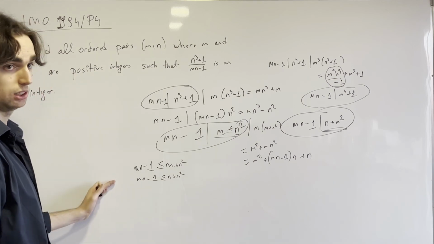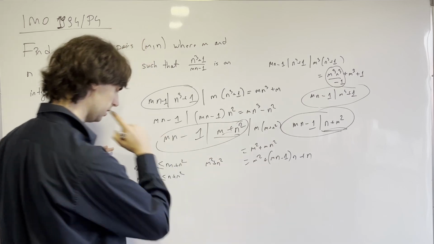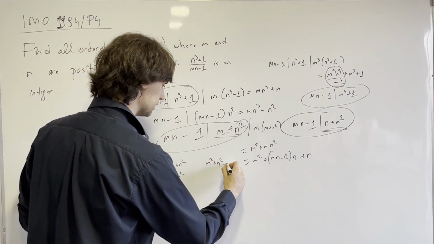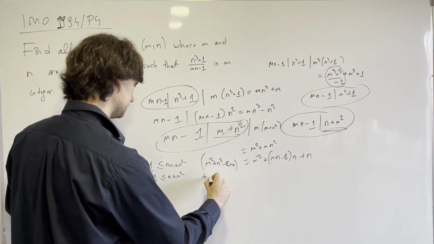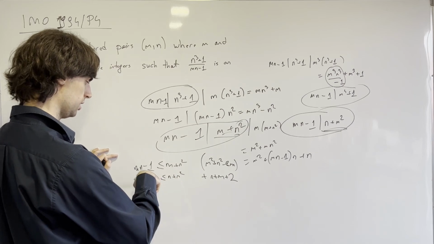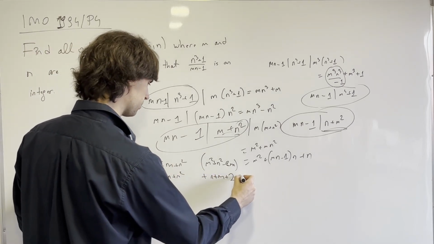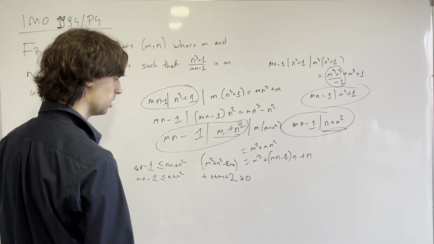And now I can add these two inequalities and get m squared plus n squared, minus 2mn plus n plus m plus 2, when I get the minus 2's on this side, is greater than or equal to 0, which is true.